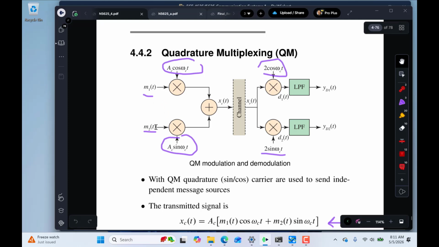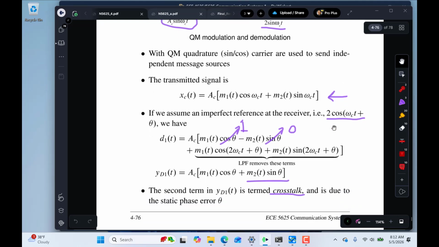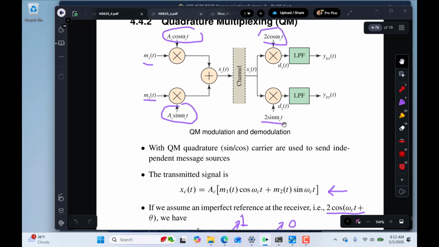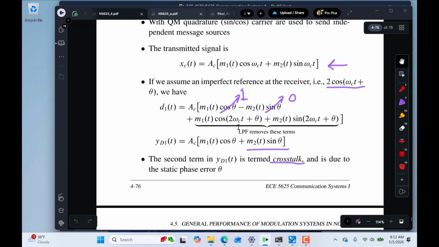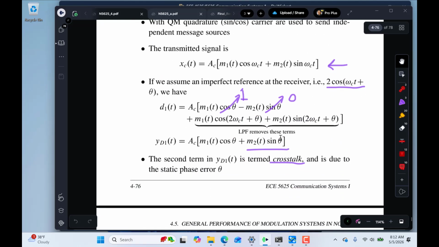In the case of Project 2, it's digital waveforms on the in-phase and quadrature, and they travel over the channel, maintaining their perfect phase quadrature, because if you go ahead and demodulate with a cosine carrier or a coherent sine carrier, assuming the phase error in the demodulated carrier is 0, you get back exactly M1 and M2 on 2 different channels.